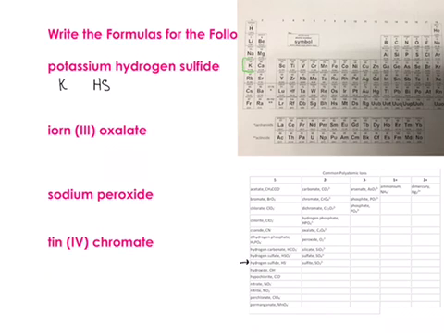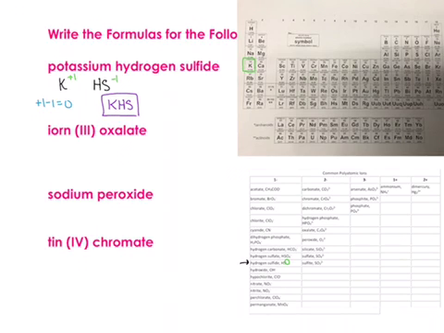Potassium is on our periodic table with a +1. The charge, we look on the table here, is a -1. That happens to equal 0 already for us. +1 -1 equals 0. And so then we can just slide the symbols together for our final answer.